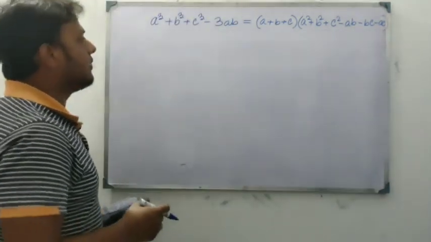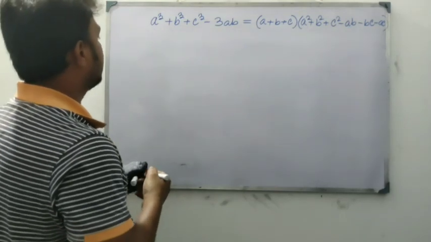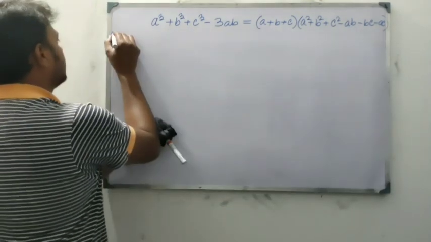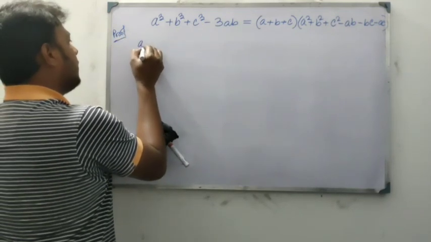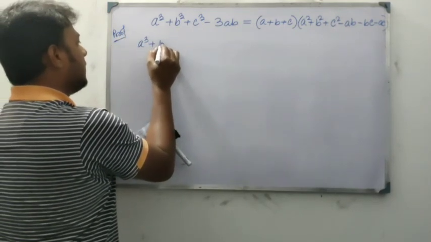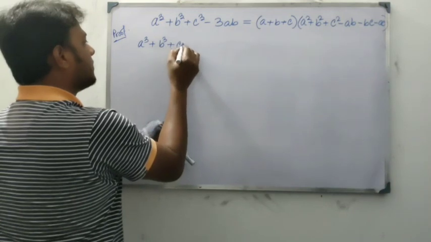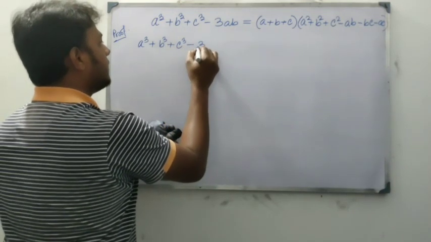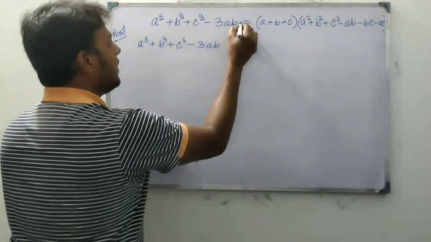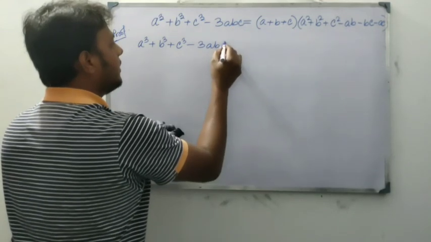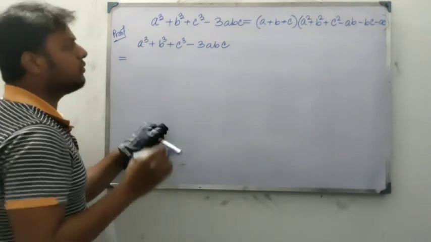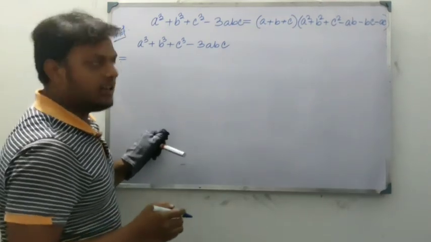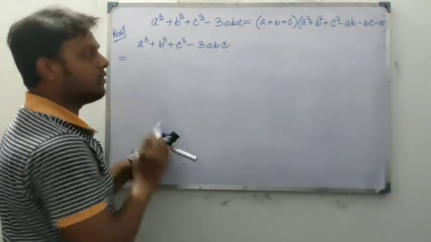So I am considering the first one, first line. Proof. A cube plus b cube plus c cube minus 3abc. First we will use the identity for a cube plus b cube.